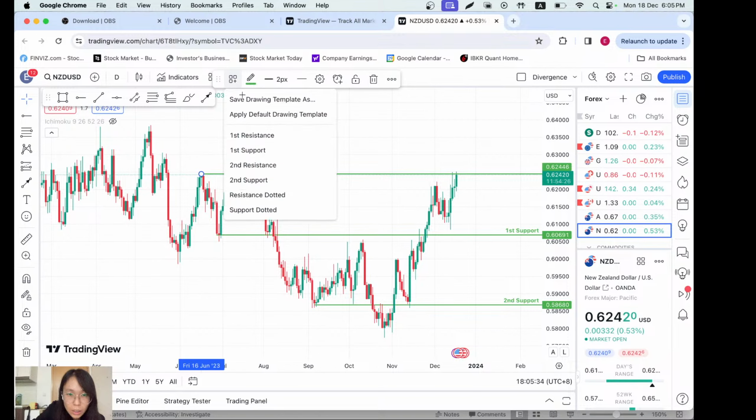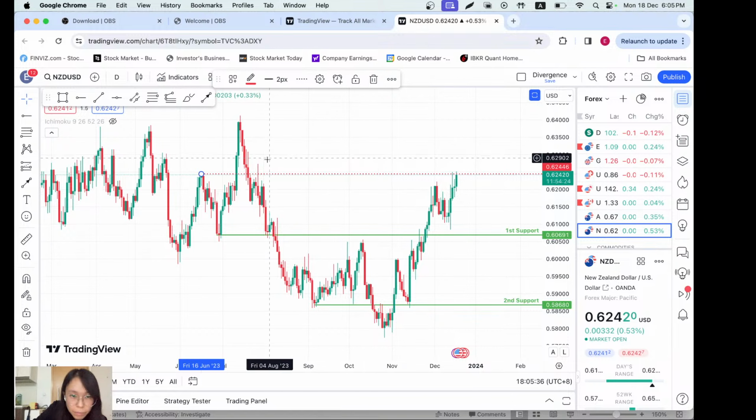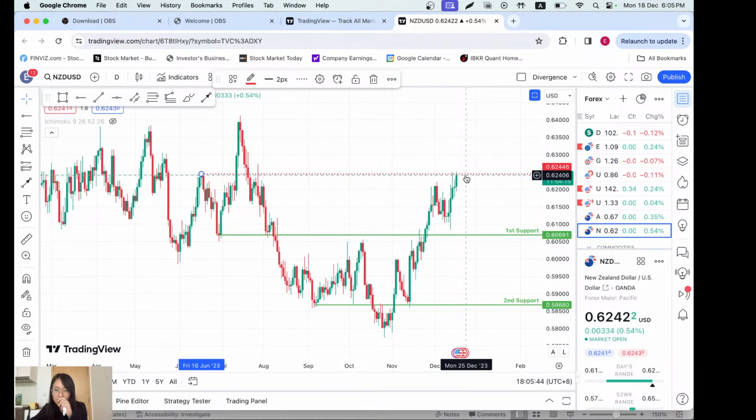And this is actually an immediate resistance. This is quite a significant swing high pullback. Price broke through the level, and the current price is trying to breach the immediate resistance level here.